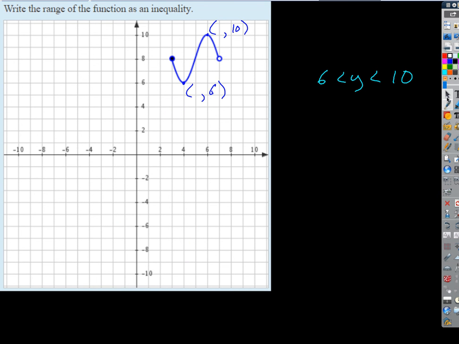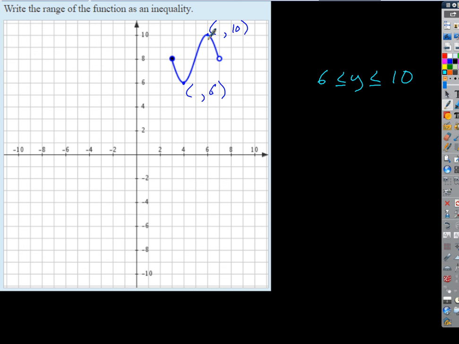Oh, less than or equal to, yeah, that's where we left off, right? So y is greater than or equal to 6 and less than or equal to 10. The reason is because as the ant walks along this function, when the ant stands on that point right there, it has a y value of 6, but that's the lowest it can go. That's the bottom of the valley, or the relative minimum.